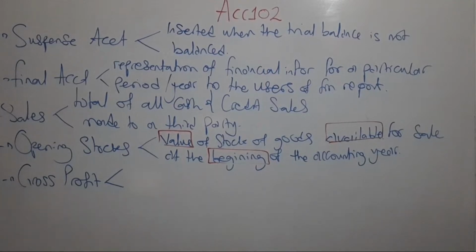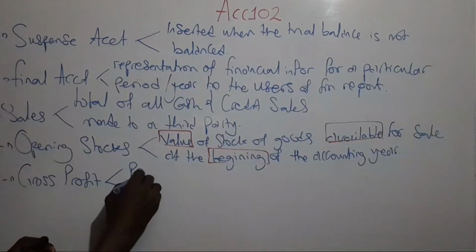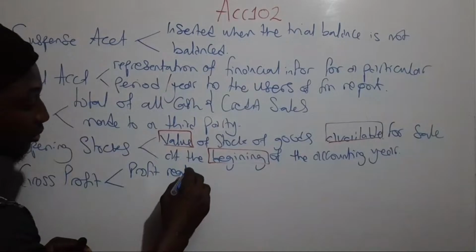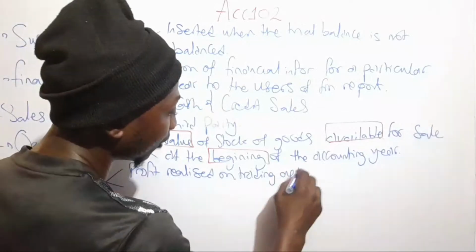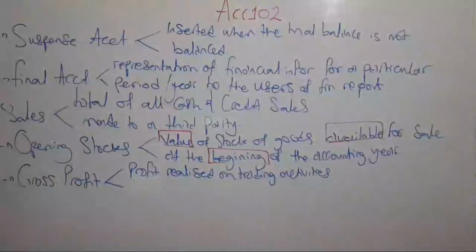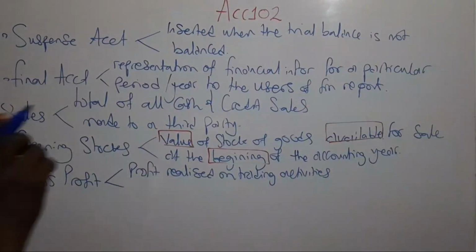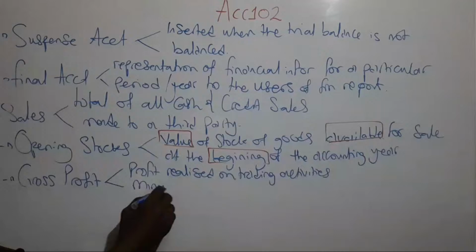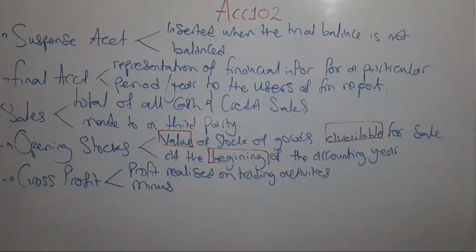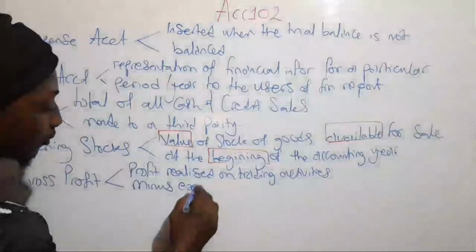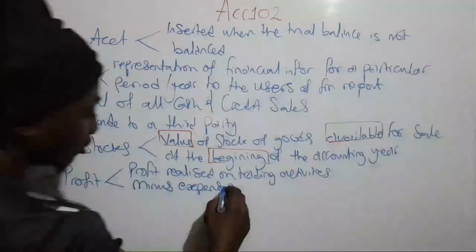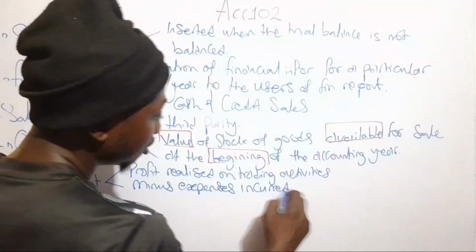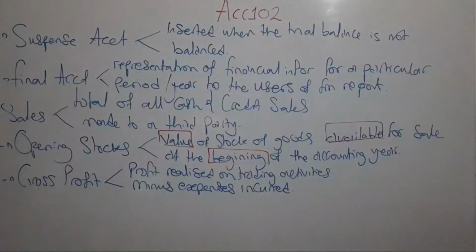This is the profit realized on trading activities minus expenses incurred. So we have that as that.